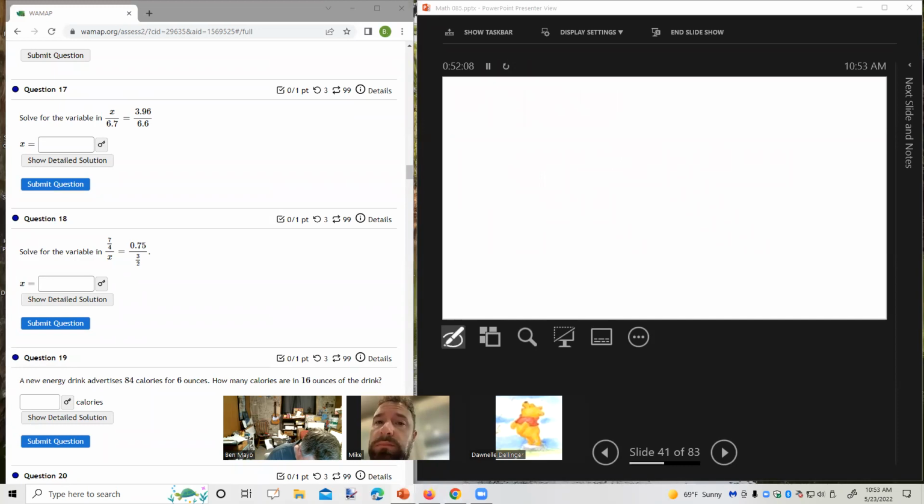17. Again, solve for the variable, solving a proportion. Cross products are equal. So 6.6 times x equals 6.7 times 3.96. Divide both sides by 6.6.